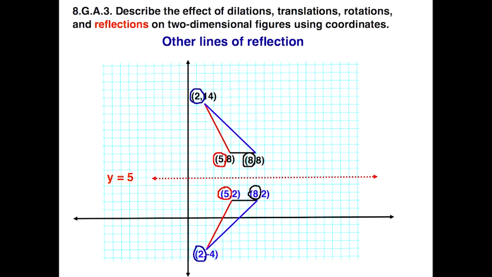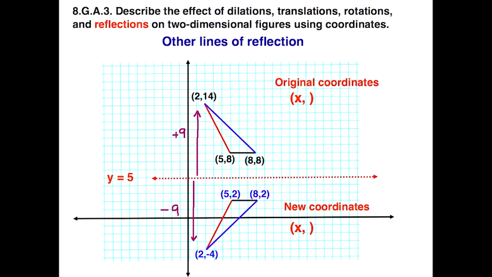And again, that makes sense because there was no shift to the left or to the right. All the shifting took place vertically. So if our original coordinates are x, then the new coordinates for the x value will stay the same. Nothing changes there.